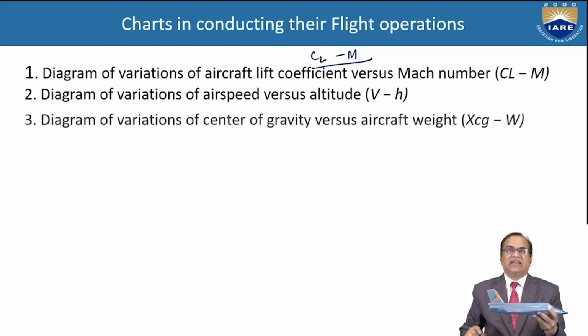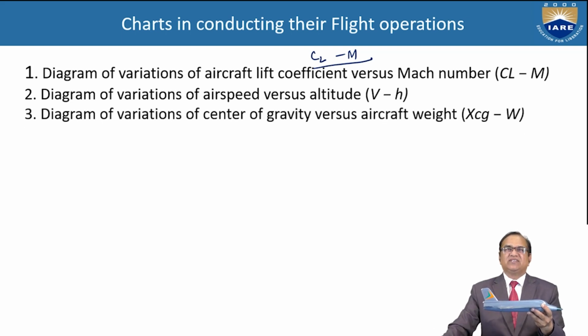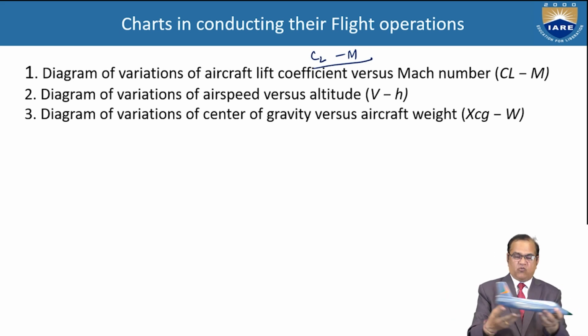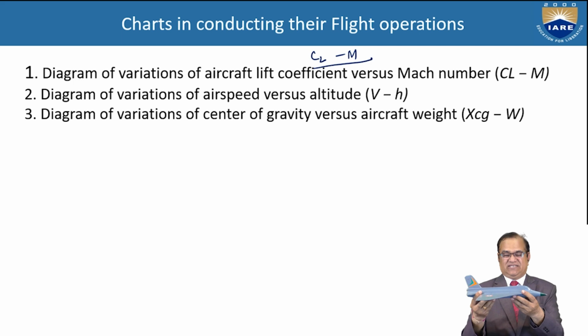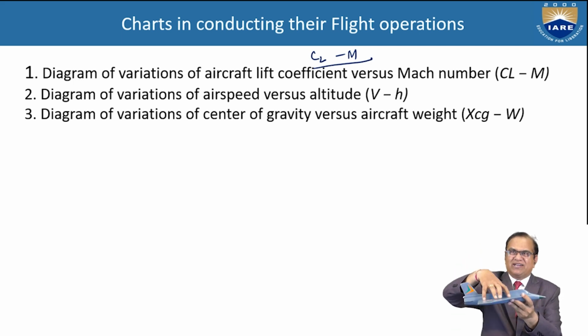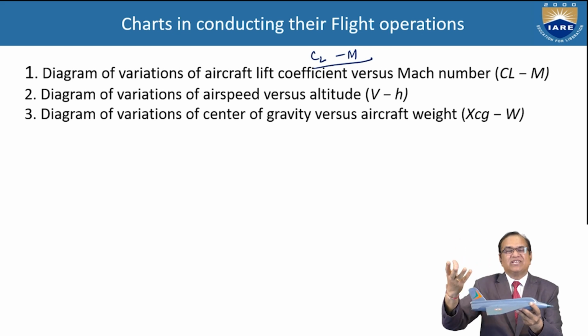And the next one is the diagram of variation of center of gravity versus aircraft weight, XCG versus weight. So I will just say what is the meaning of XCG. Weight means the total weight of the aircraft, which is supposed to act at the center of gravity. But where is the location of the CG?